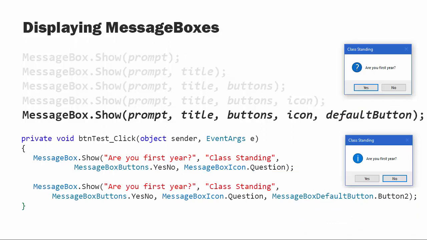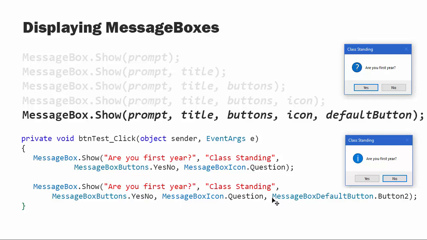A fifth option is to change the default button. By default, the first button has what we call the focus. If I press the enter key, it'd be the same as clicking on that button. However, I can change the default button so that the second button is the default. So here I have 2 buttons, yes and no. I still have my question icon.